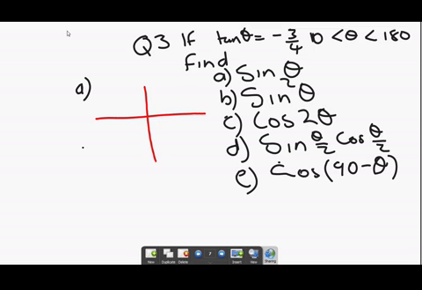I know that tan is positive here and tan is positive here. So those are the two areas where tan is positive, which means the two remaining areas tan is negative, which means that my triangle can be here or it can be here. Which one is the correct one?